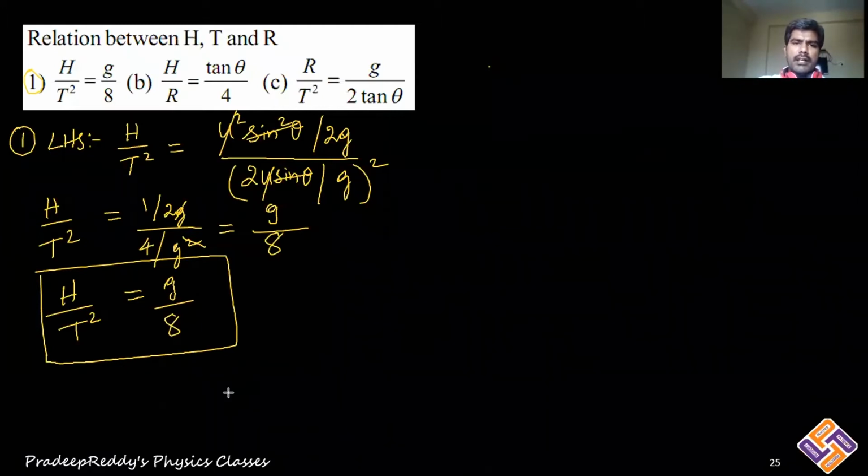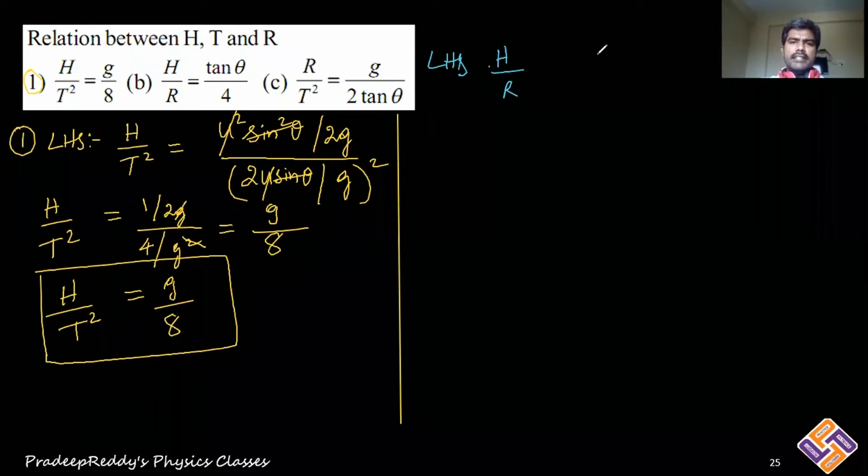Now coming to the second one, we have h by r. Take the left hand side, h divided by r.